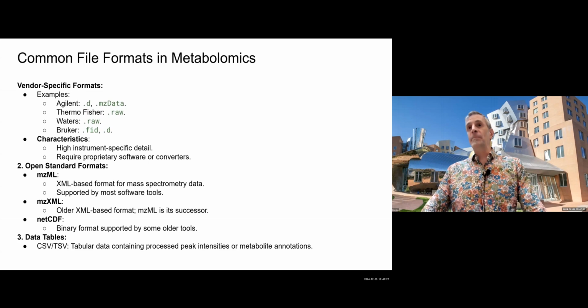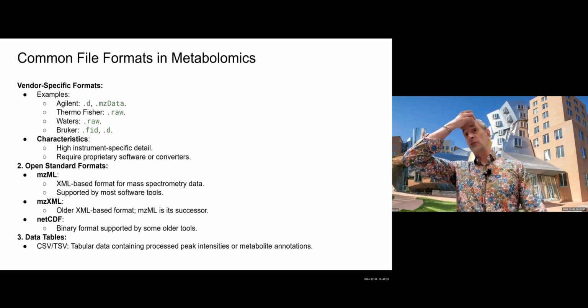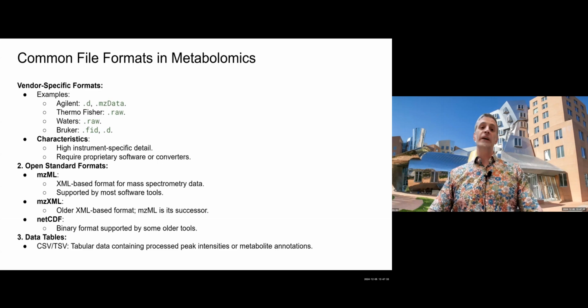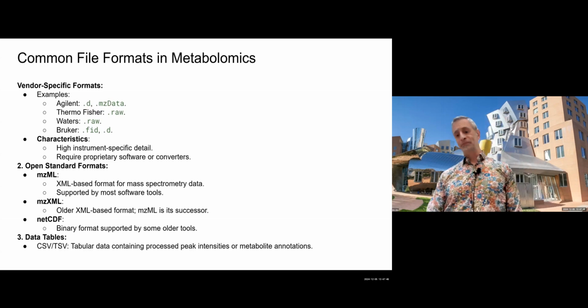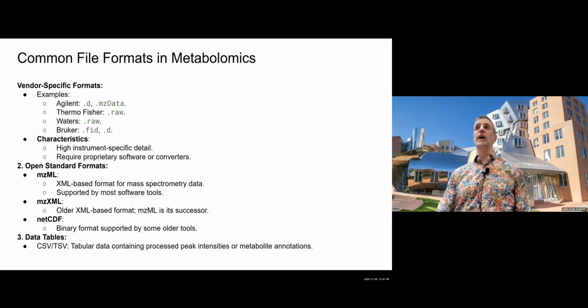Okay, if you guys are going to be working with metabolomics data, you should be somewhat familiar with how to get and use the data. So generally, when you get data off of any particular machine, it'll come in some format that's usually unique to the vendor of that particular machine. And then there's a number of different software tools that will read in those formats and then output them in an open format. So a lot of people use mzML.